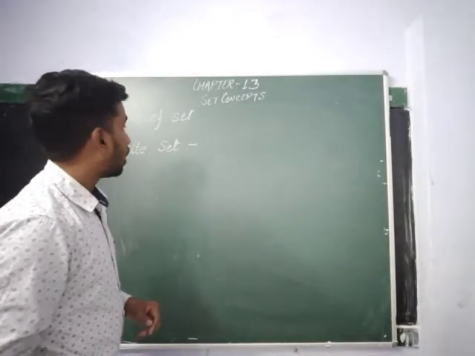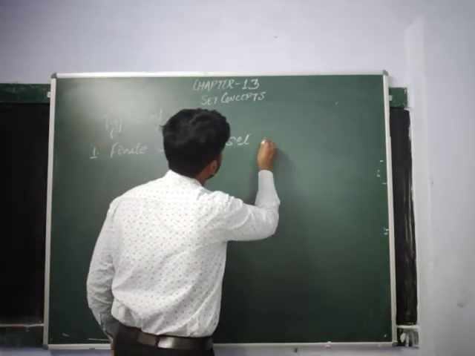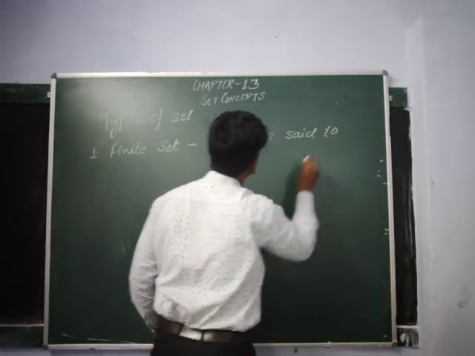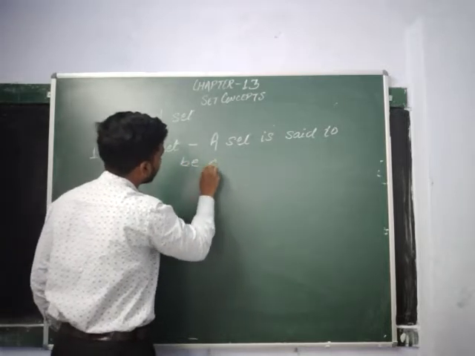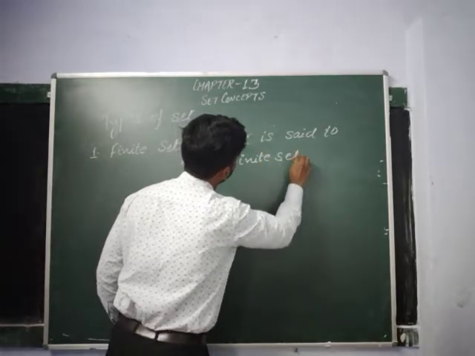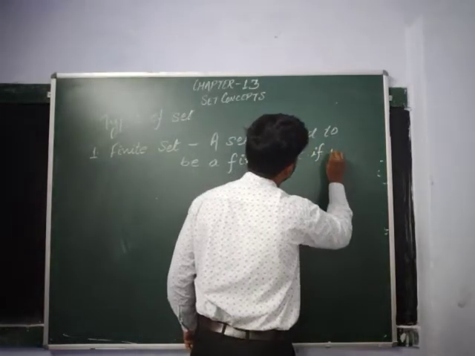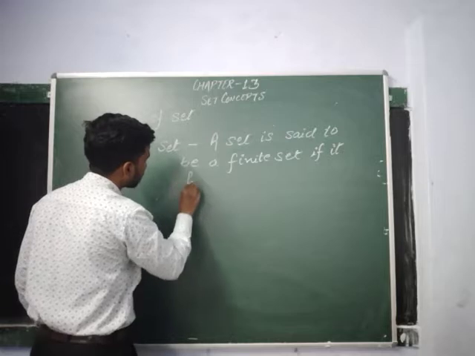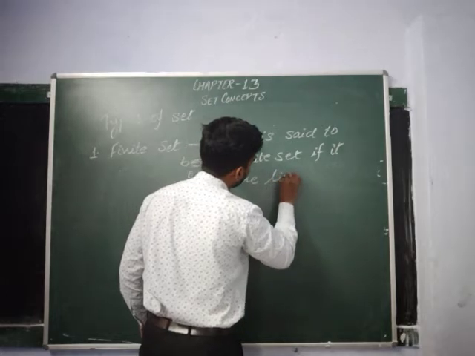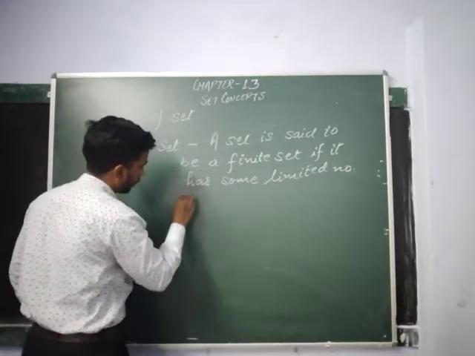So basically definition of finite set is a set is said to be a finite set if it has some limited number of elements.